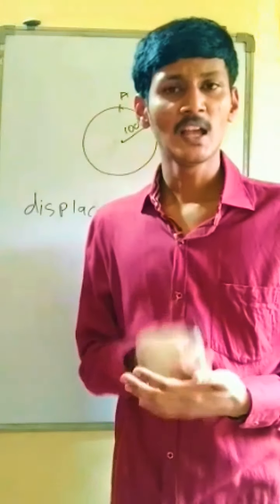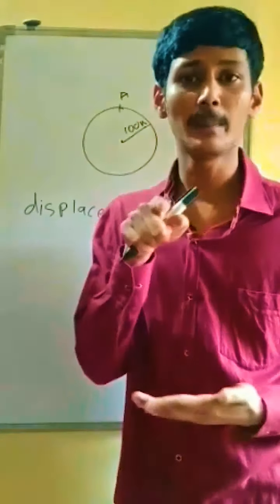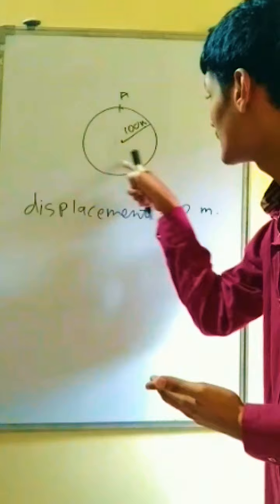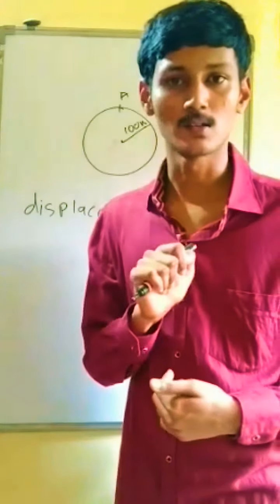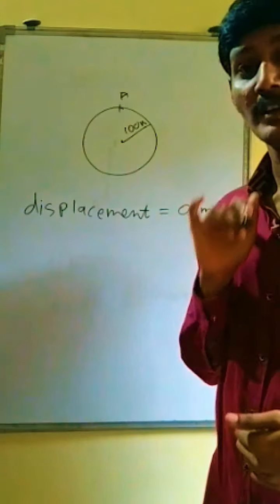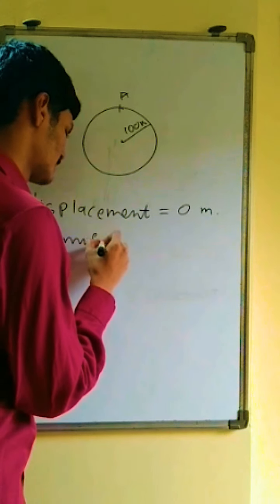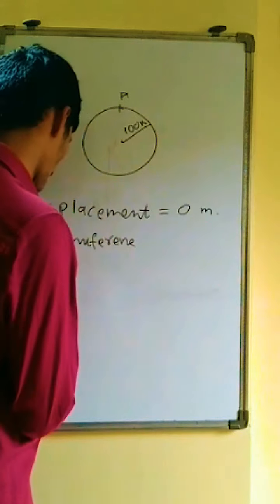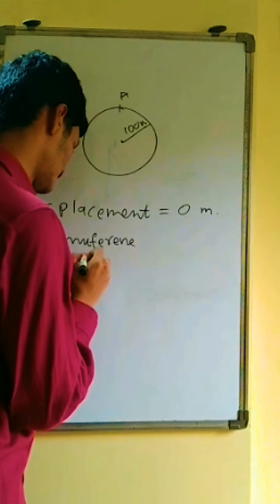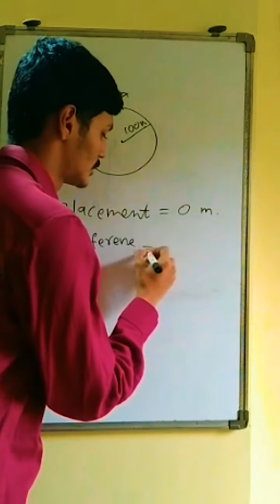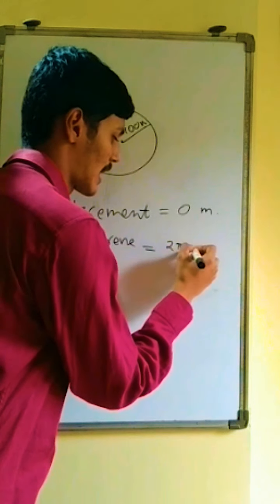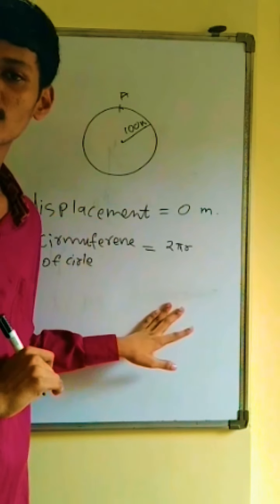If she walks in a circular path, it means she will be on this edge, that is the circumference. So to solve this, we will use the formula of circumference of a circle, that is equal to 2 pi r. We all know this formula.